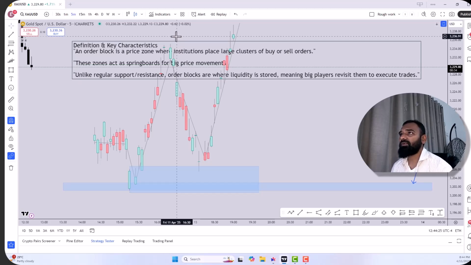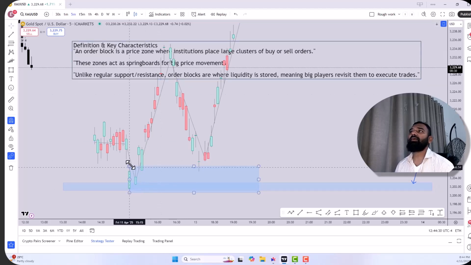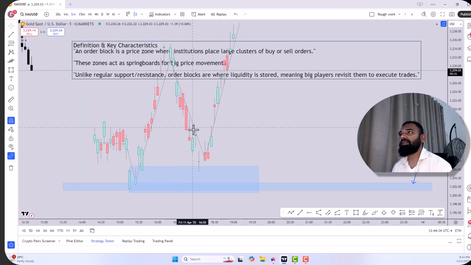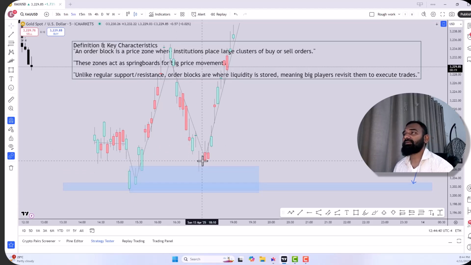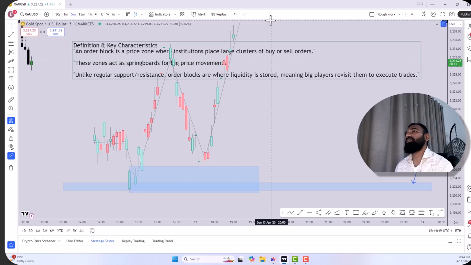But if they purchase their second lot at the peak, they will not have a dollar cost average. That is why they bring price one more time back to that particular zone so that they dollar cost average that price. And once it mitigates this order block, it goes in one direction, up to the moon.